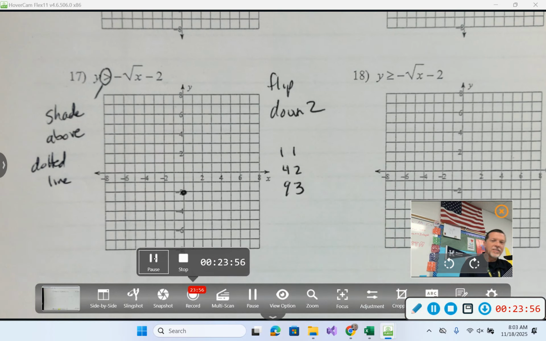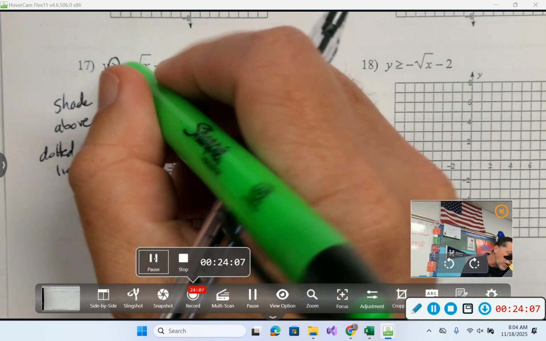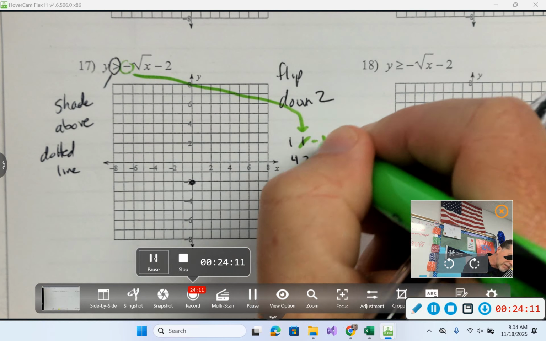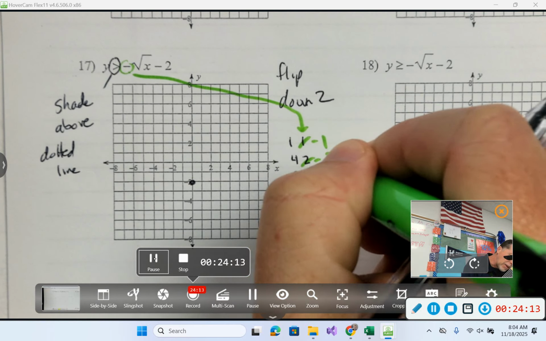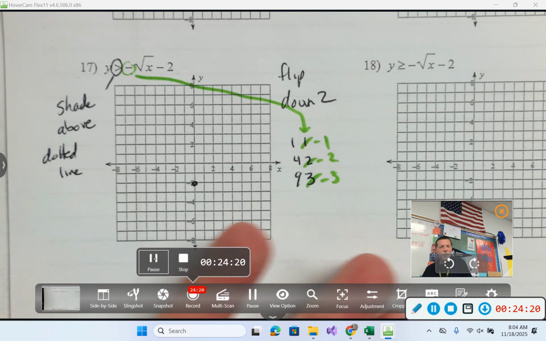Maybe you know it well enough that you don't have to write the table if all you're doing is flipping it over. Maybe you just know that it's 1, 1, 4, 2, 9, 3. You probably don't have to multiply by a negative, but if you want to follow the same process every time, again, some of you are not going to do this because you're like, come on, that's overkill. I can flip it. Others of you, it's got a multiplier, so do the multiplication.